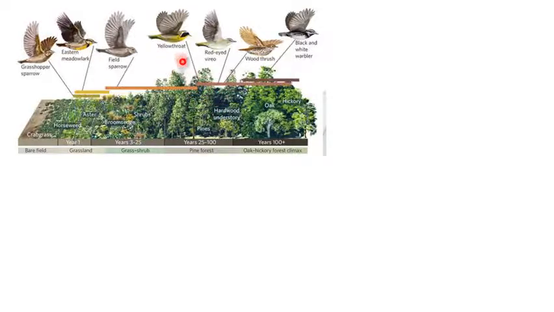Okay, so now you can get it, right? In simple terms, every individual organism has its own niche, which means it has its own preference towards its food and towards the place where it lives, so that it can avoid competition and live happily, right?